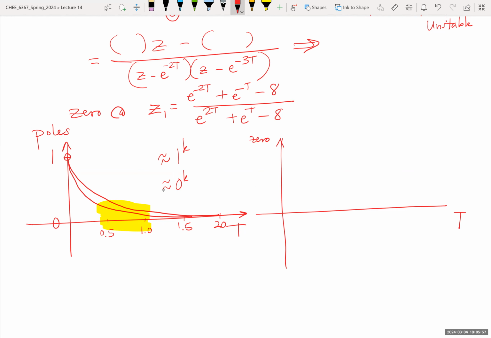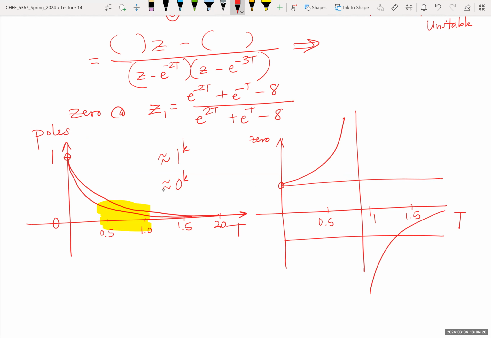And it's from 1 asymptotically again, 1, but there is, this is 0.5, 1, 1.5. It is asymptotically above 1, but then it comes back to 1. There is an asymptote here.